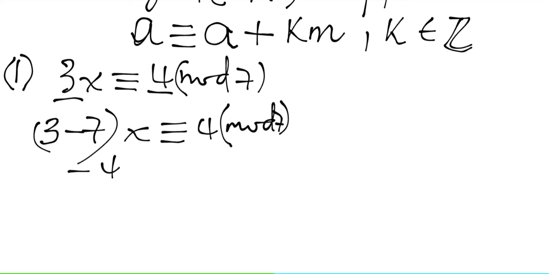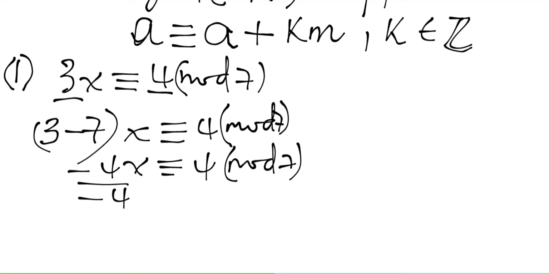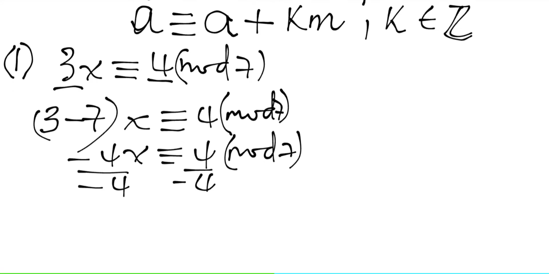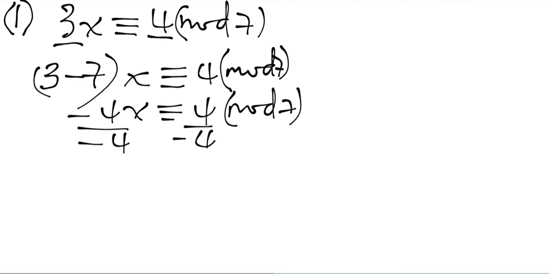and we see now that negative 4x is congruent to 4 mod 7, and I can now divide both sides by negative 4. We are dealing with the world of integers, and so we cannot divide both sides by a number that will not cancel on both sides. That is the constraint we have in dealing with modular arithmetic or solving linear congruences generally.